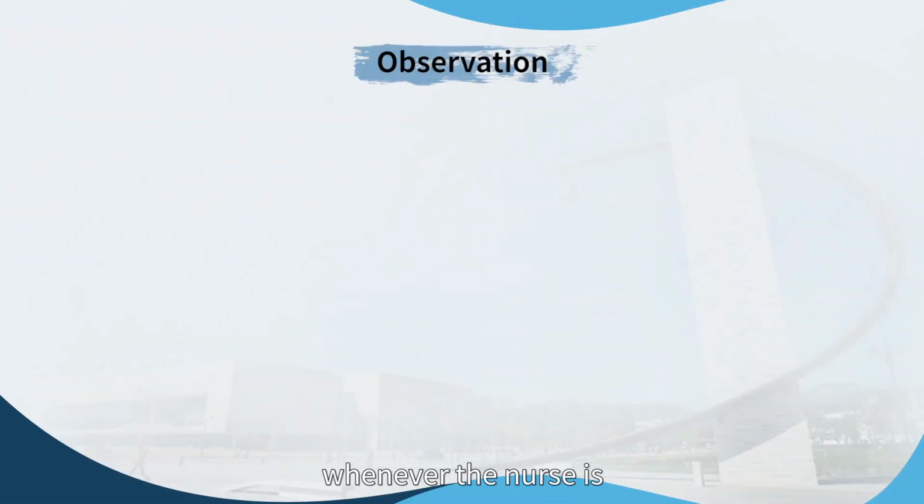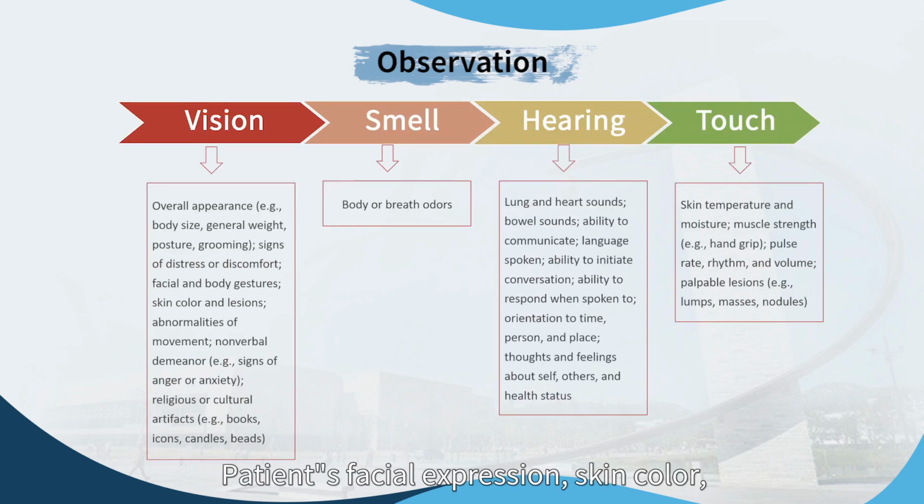Observation occurs whenever the nurse is in contact with the patient or support persons. Patient's facial expression, skin color, behaviors, and environment are all the components of the observation. A good ability for observation relies on nurses' knowledge and experiences.